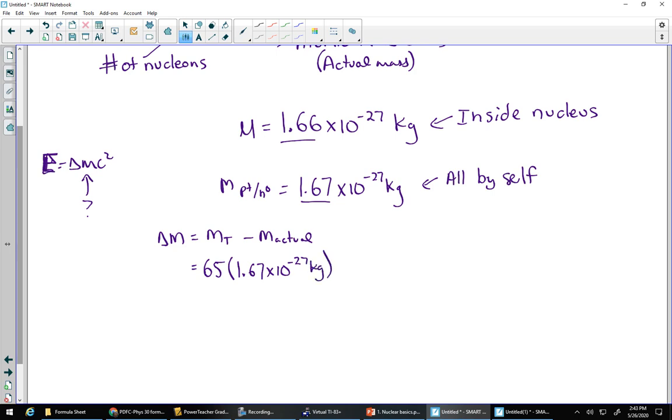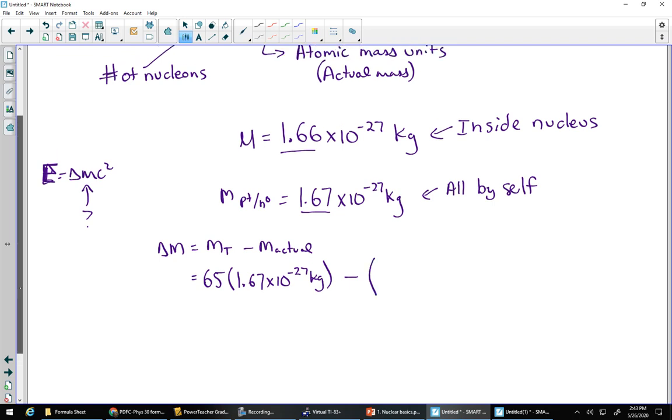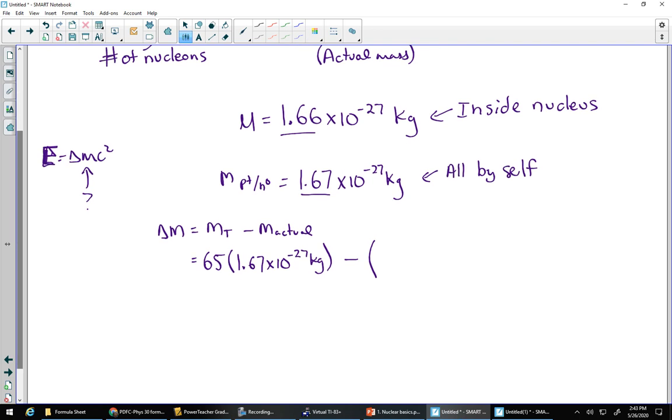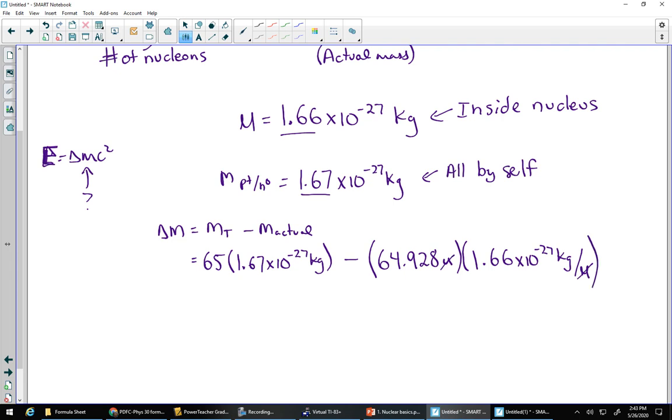I need to subtract from that 64.928 atomic mass units times 1.66 times 10 to the negative 27 kilograms per atomic mass unit, as a conversion factor. So I've got kilograms minus kilograms.